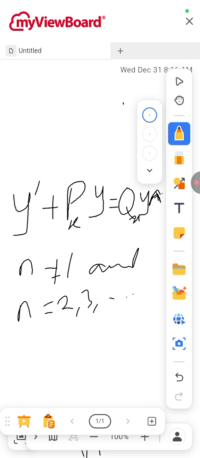So let me solve an example to highlight the steps that you take for any Bernoulli differential equation. If you are given any Bernoulli DE, just follow all these steps that I'm about to use in solving this particular example. I don't want to bother you too much, so I'll be using two in one, so as to not be too long.